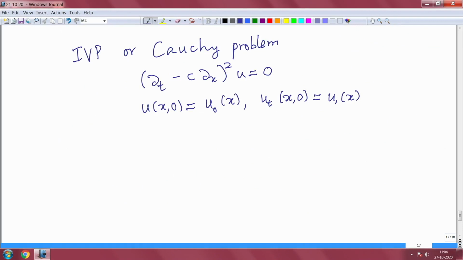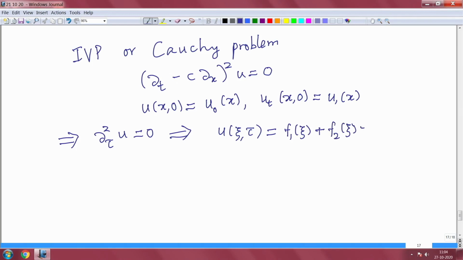Remember u is a function of xi and tau, so this is a linear function in tau. The constants can be functions of xi. So this is the general solution of this equation.